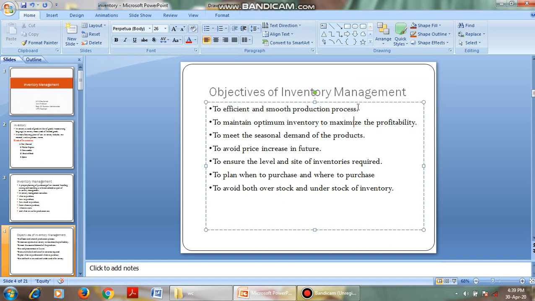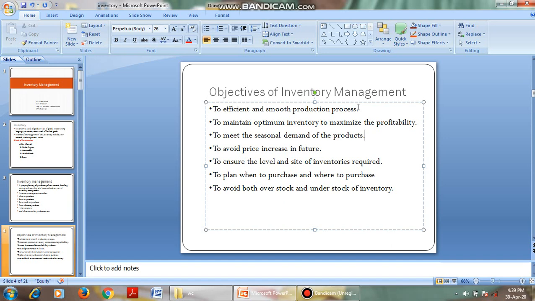Next one is to maintain optimum inventory and to maximize profitability. One function of inventory management is that it should not maintain over inventory or under inventory. It has to maintain an optimum level of inventory so as to maximize profitability.